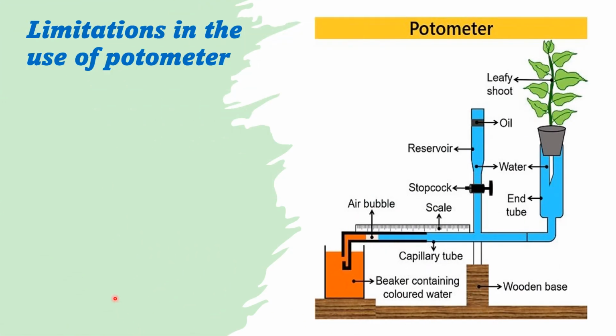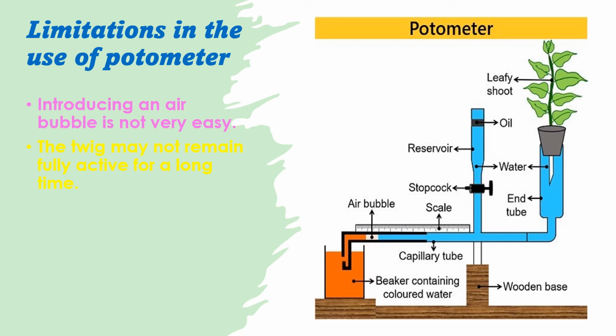What are the limitations in the use of potometer? Yes, first one, introducing an air bubble is not very easy. The second point, the twig may not remain fully active for a long time because there is no root, only a leafy shoot as you can see here.